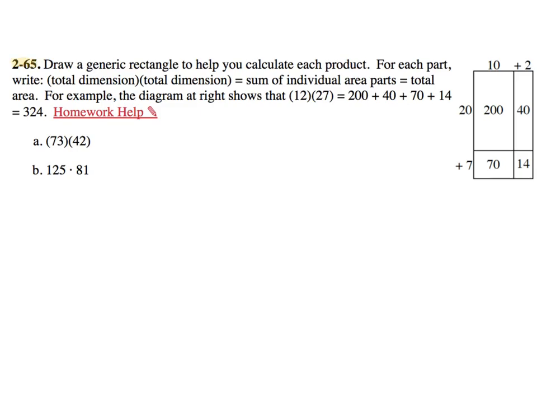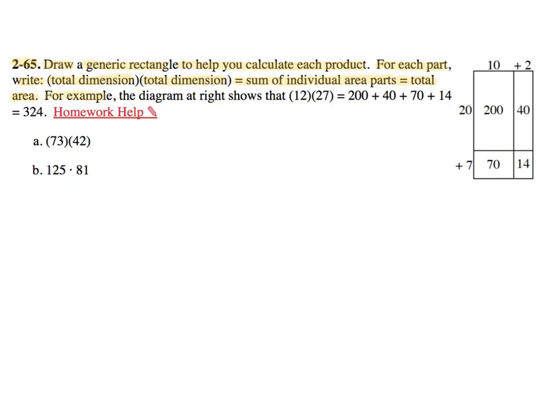Problem 2-65. Draw a generic rectangle to help you calculate each product. For each part, write total dimension times total dimension equals sum of individual area parts equals total area.